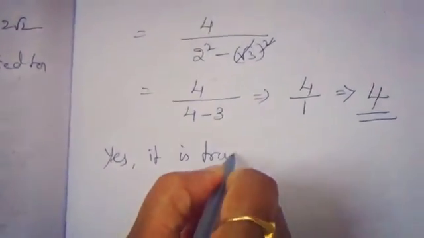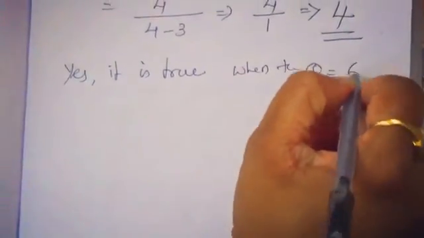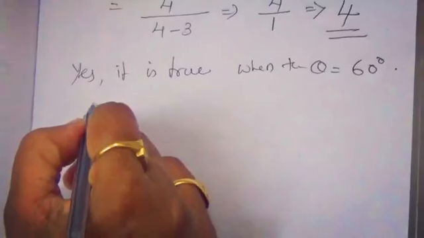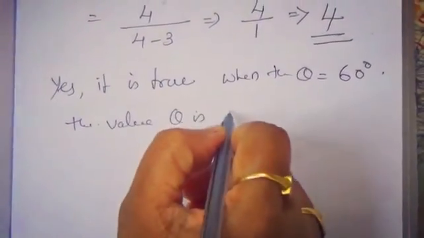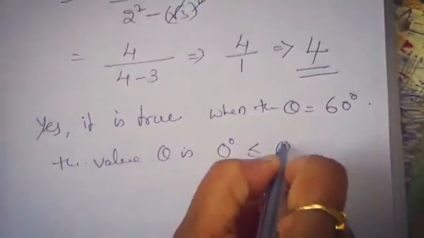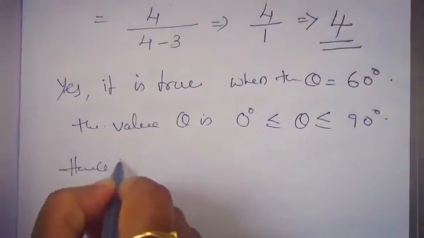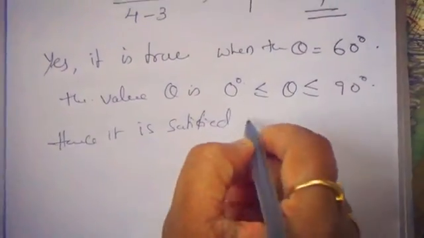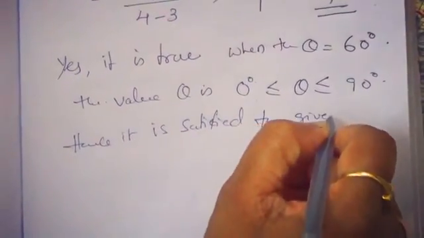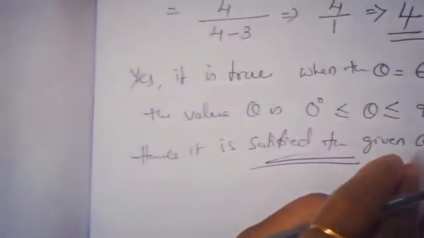Yes, it is true when theta is equal to 60 degrees, within 0 degrees less than or equal to theta less than or equal to 90 degrees. Hence it satisfies the given condition. Here we finished this sum.